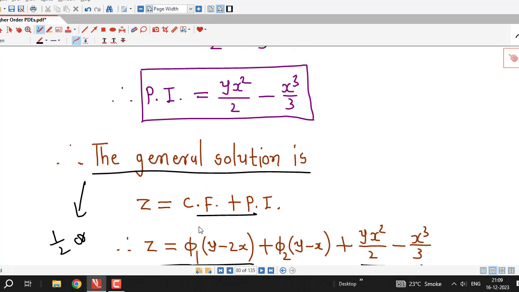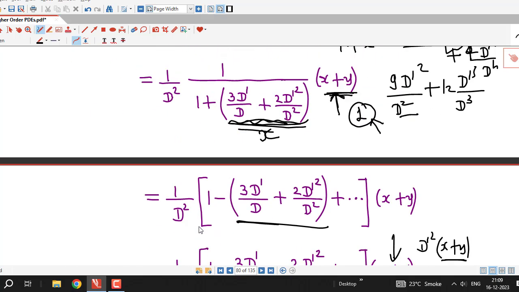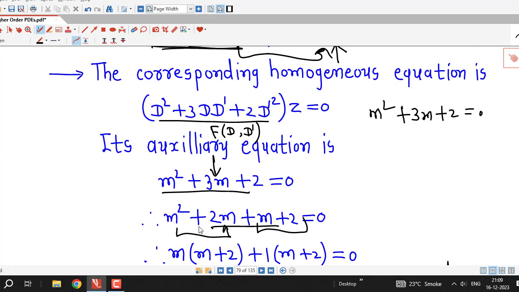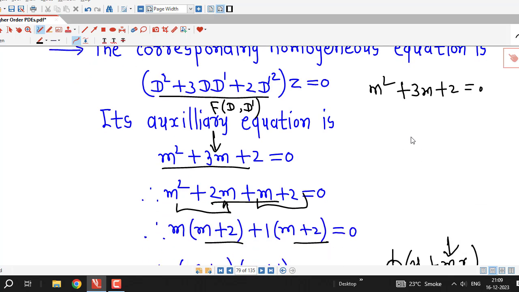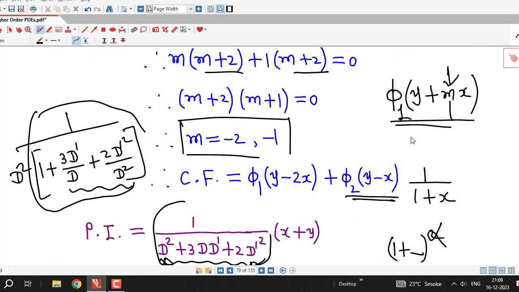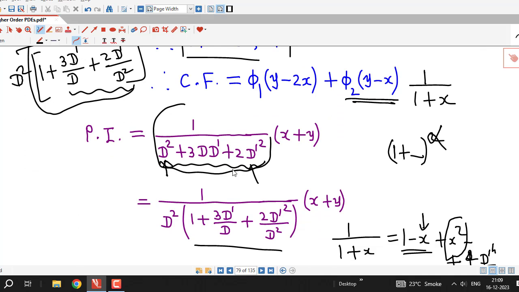So in this session we have discussed 2 problems on the shortcut method of finding particular integral when the right hand side is a polynomial function, and we understand the difference between these 2 problems, that here we are not able to write this function as a power of a linear factor.